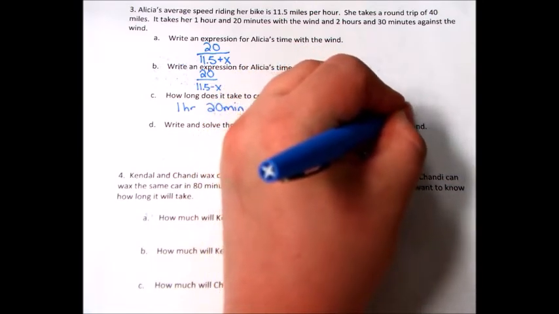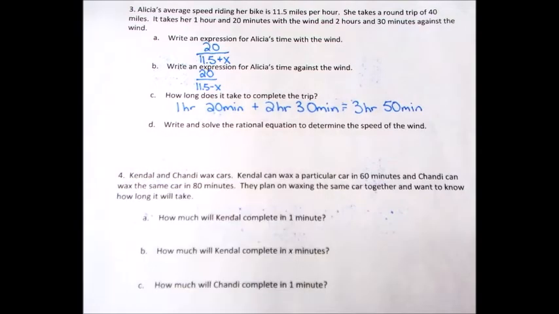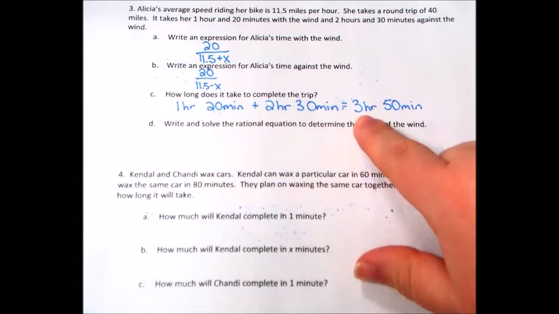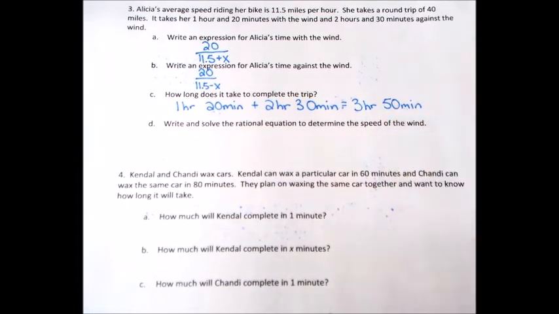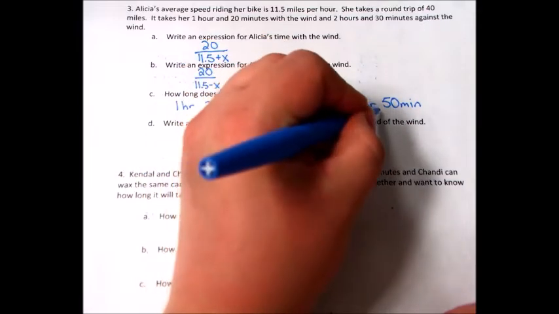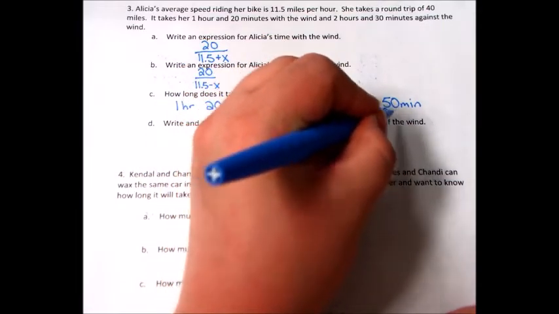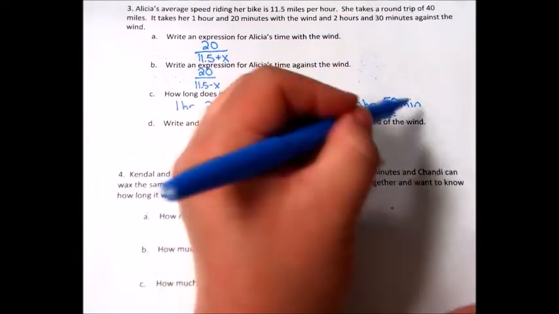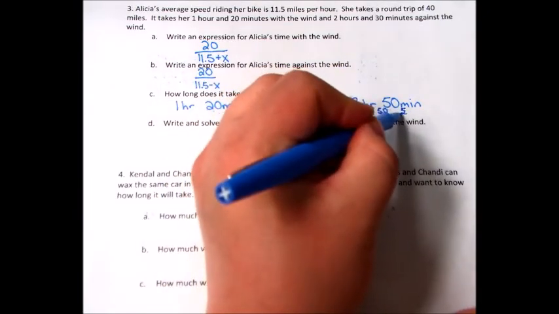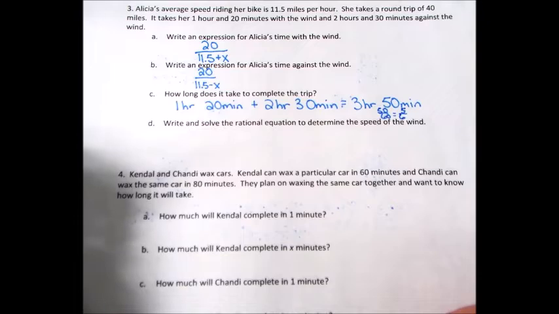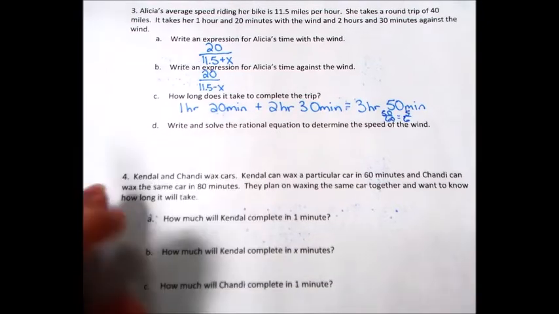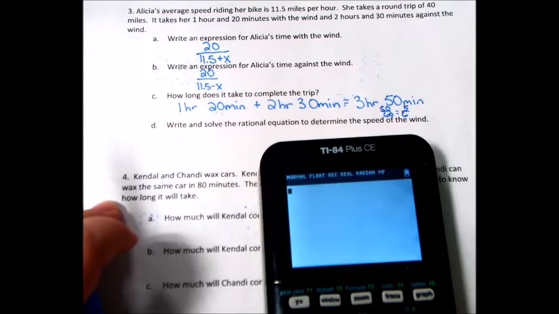Now, I would recommend changing that whole thing into hours. Okay, so I have 3 hours, and then 50 minutes into hours would be 50 minutes out of 60, which is 5 out of 6. So we have 3 hours plus 5/6 of an hour.